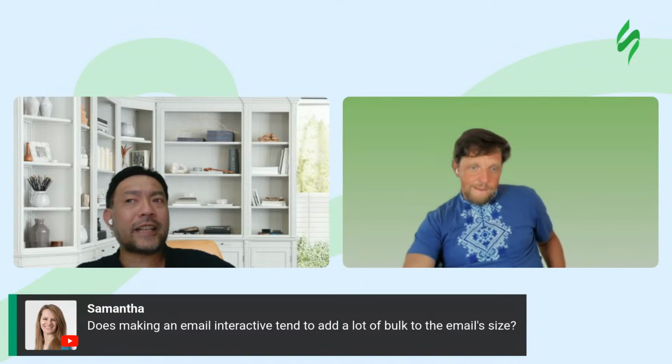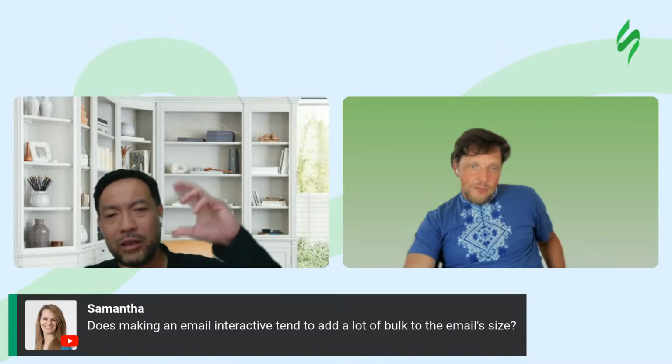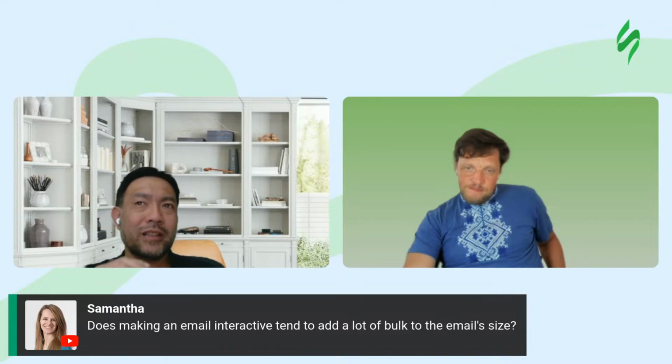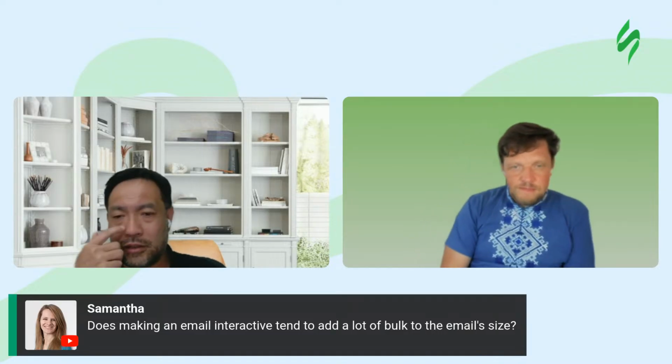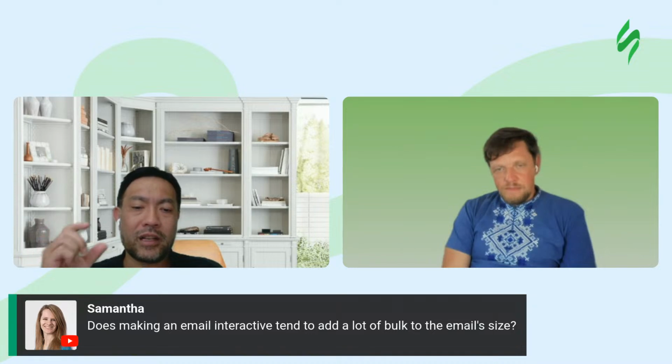Yeah, so it can add a lot of bulk. You have to be very careful because sometimes it involves creating two separate kinds of emails. When the client supports interactivity, you show certain modules, and when it doesn't, you show another one. So it definitely does add to it, but it depends how much complexity you want to add, and you have to be careful about the size. One way to handle it is to host the interactive CSS outside of the email.